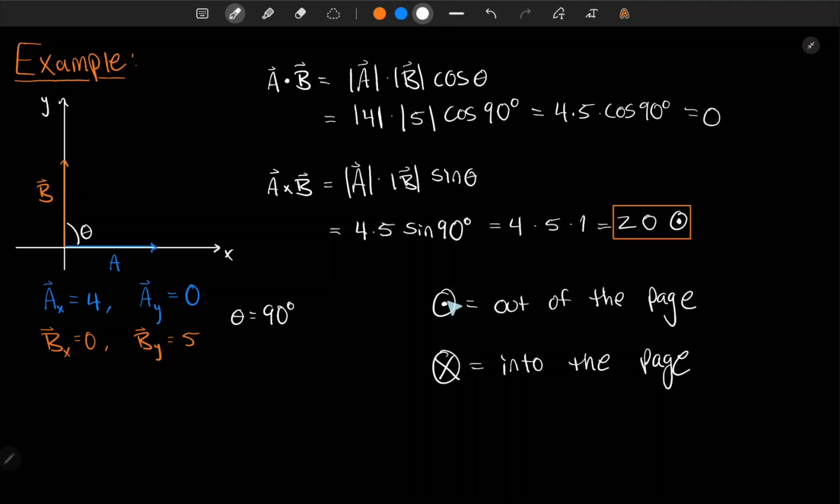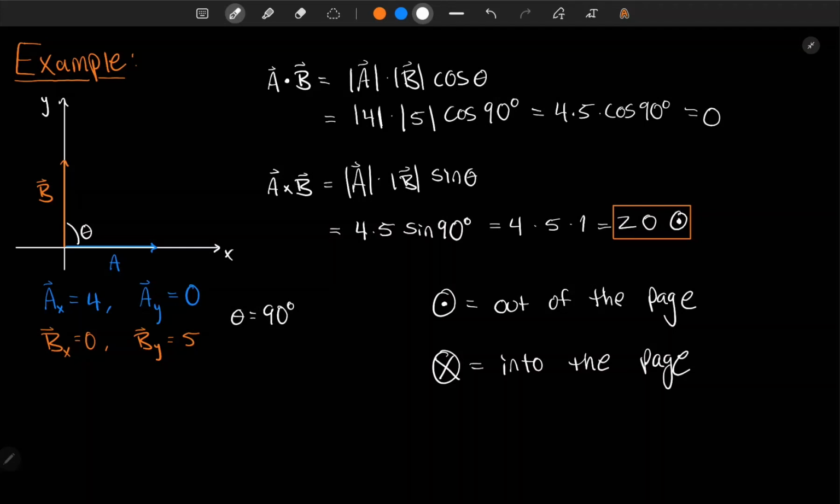So the way to remember this is that if you imagine somebody shooting a bow and arrow, if the arrow were shot and it was coming out of the page towards you, all you would see was the tip of the arrow. So here, this little circle with a dot in the middle, you can imagine it's just the tip of an arrow coming right towards you.